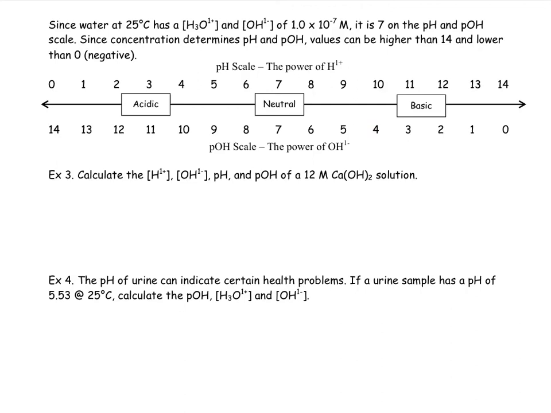Since concentration determines pH and pOH, values can be higher than 14 and lower than 0, which means it is possible to have negative pH and pOH values. It is a misconception that the scale only goes from 0 to 14.